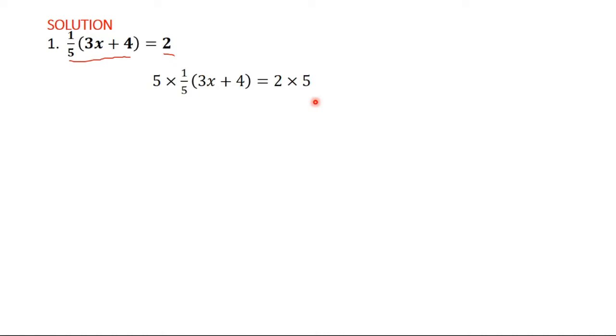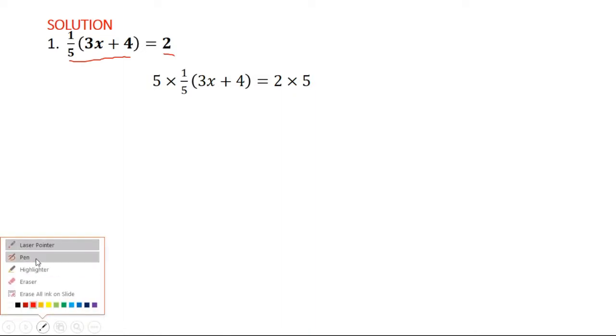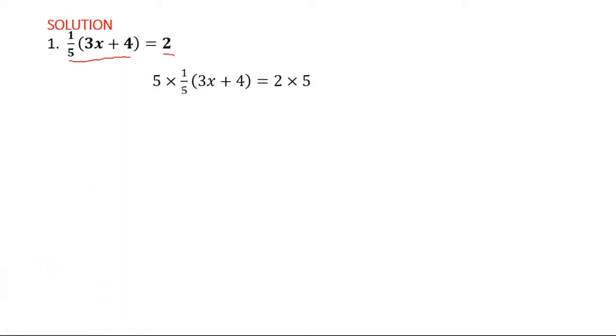Now after you finish with this, we should cancel out common factors. We can see clearly that 5 will cancel 5. So you see we've cancelled out this. Now after you've done the cancellation, you see that you clear the fractions away.